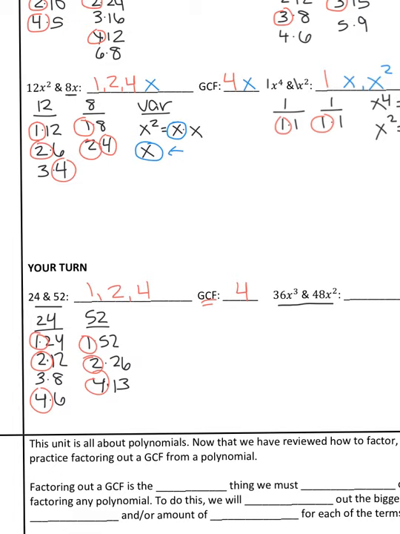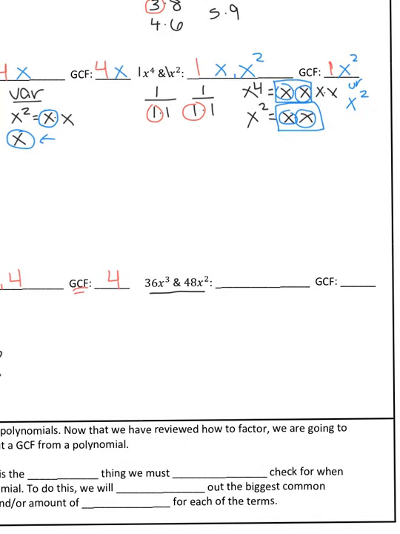My GCF is 4. And then looking over here at 36x to the 3rd and 48x squared, let me move this over so we can see the work. 36 is 1 times 36, 2 times 18, 3 times 12, 4 times 9, and 6 times 6.